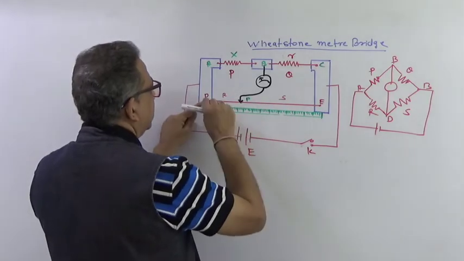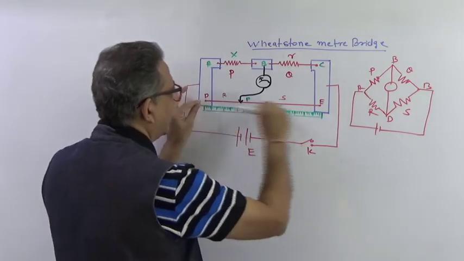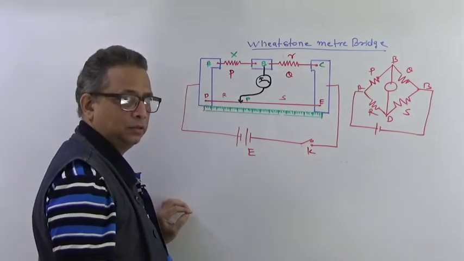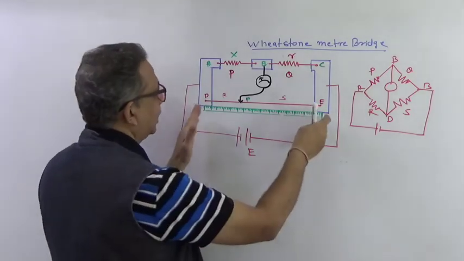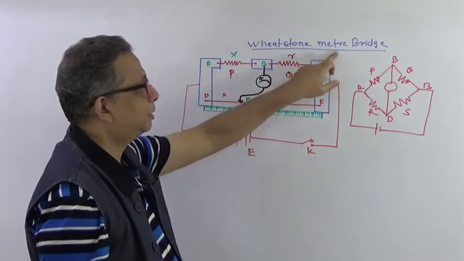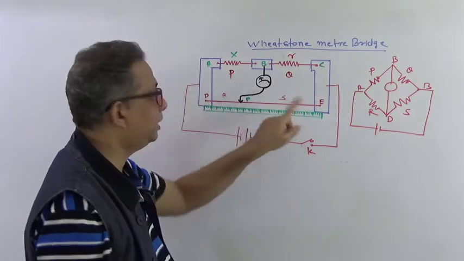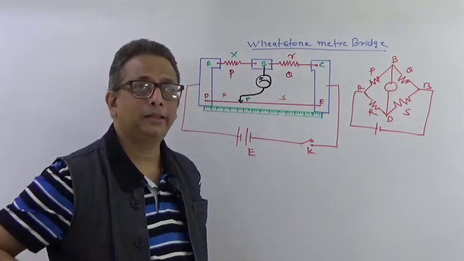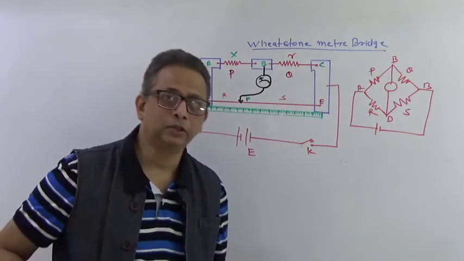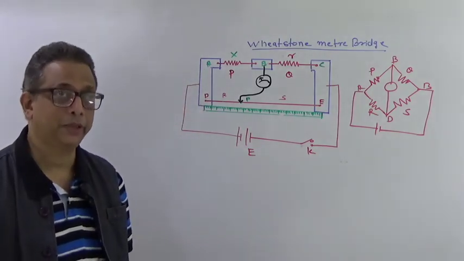D and E is a resistive wire, and the whole wire is a resistance. It has a scale which is 1 meter long. The distance between D and E is 1 meter or 100 centimeters, and that is why it is called a Wheatstone meter bridge.